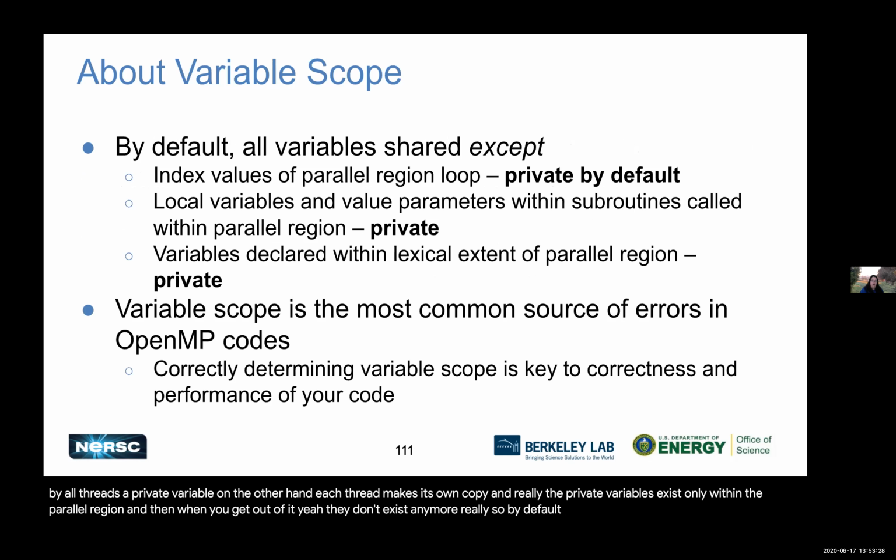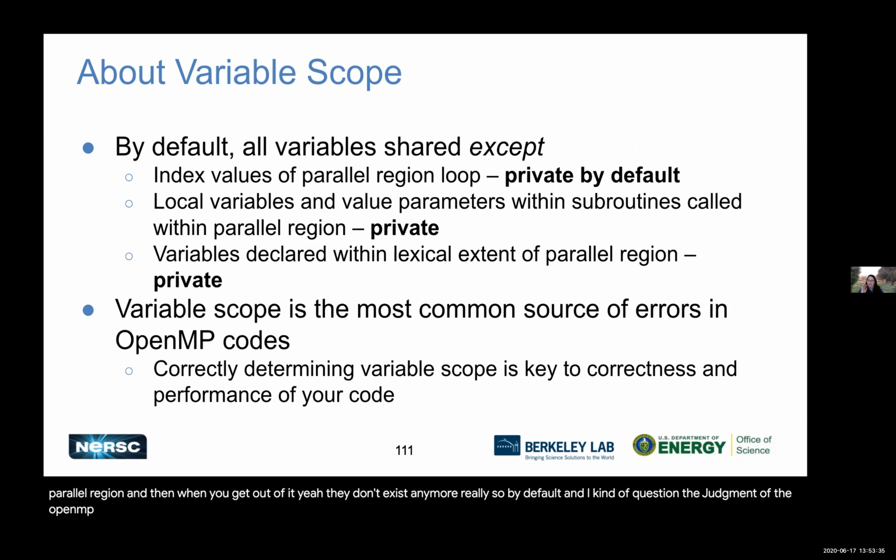By default, and I kind of question the judgment of the OpenMP ARB at times for this decision, all variables are shared by default, except the index values of parallel region loops. Those are private by default, a special sort of private.